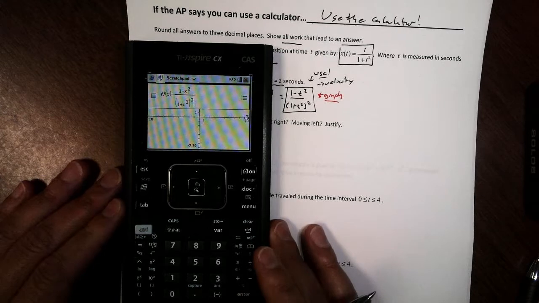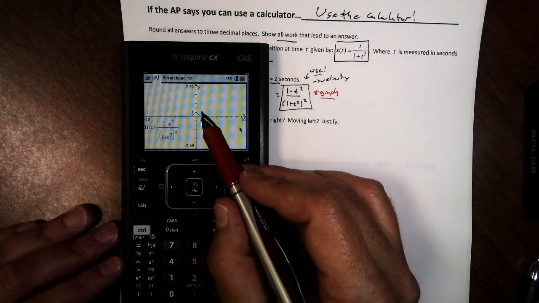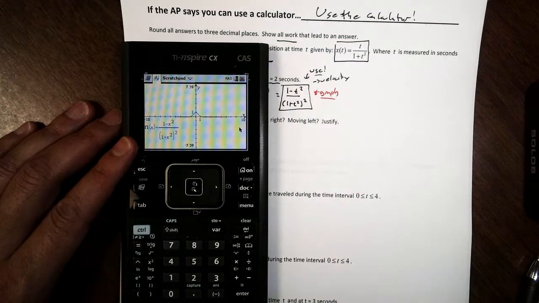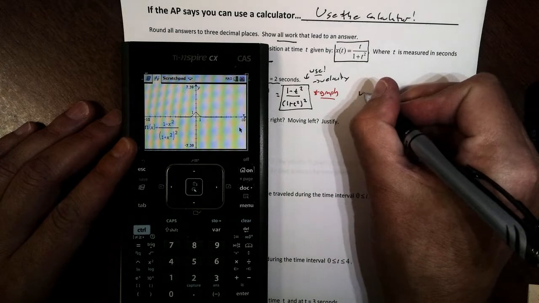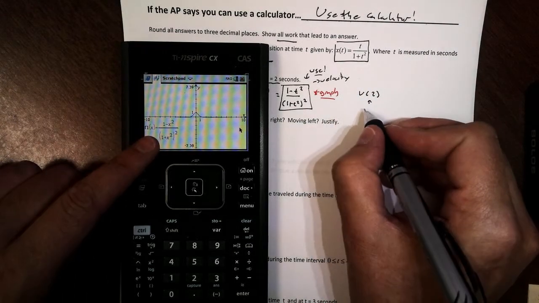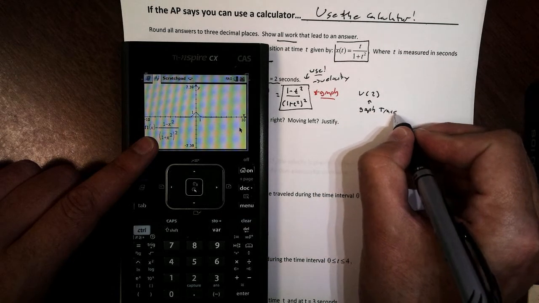Press enter. I don't really care what the graph looks like, although it looks kind of cool. It looks kind of like a bell curve, right? I don't really care what it looks like, but I'm going to use it to find my velocity at 2 now. So to get v of 2, because this is my velocity curve, I'm going to use the graph trace feature on my calculator.